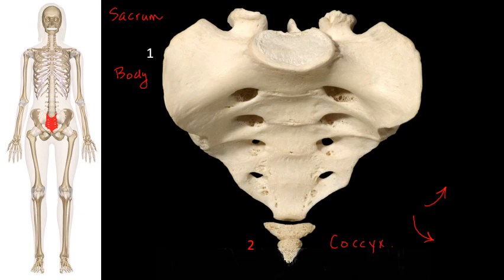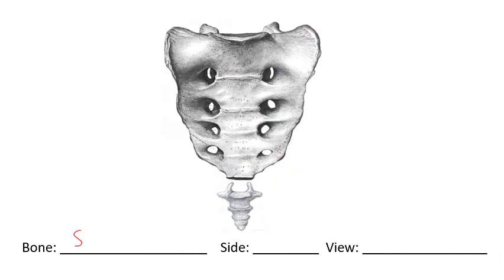It tends to stick outwards on female, so it has more of a dorsal movement, whereas in men it projects inwards, ventrally towards the inside of the body. Okay, so here the sacrum. The side, there's only one side.